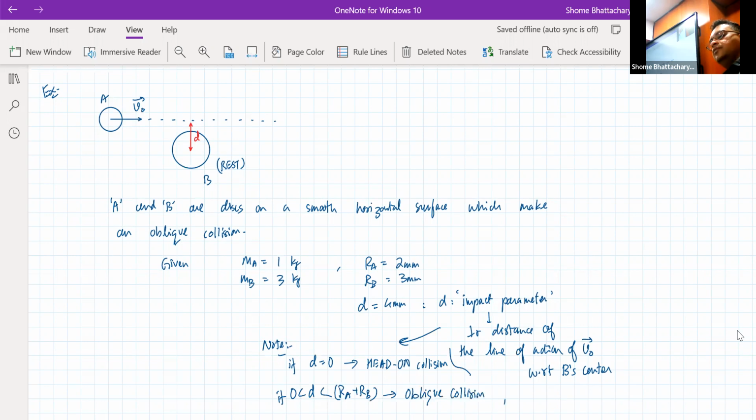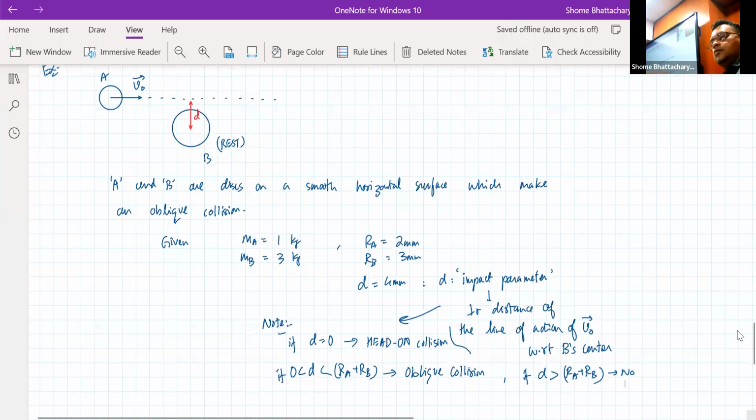And on the other hand, if D happens to be greater than RA plus RB, then there is no collision. There's no impact. They just miss. That would be a situation like this. This goes off without making contact.